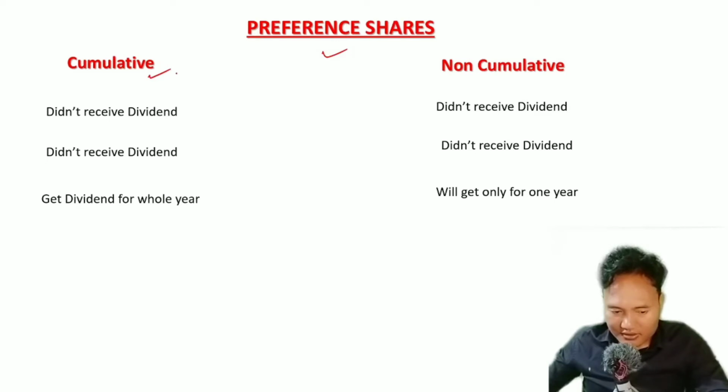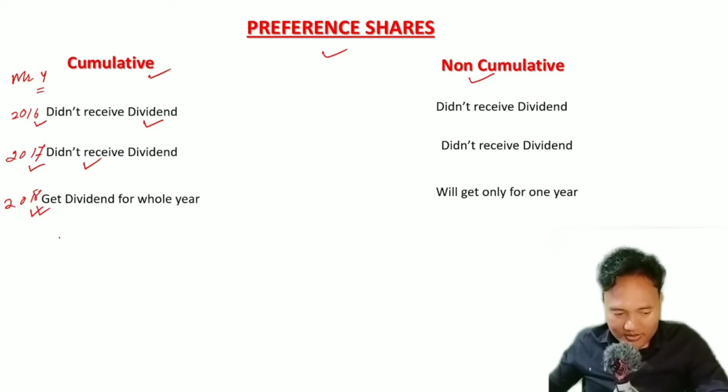Now let us discuss the various types of preference shares. The first is cumulative and non-cumulative preference shares. Let us assume an example. Suppose in 2016 Mr. Y is a preference shareholder. Mr. Y has not received a dividend. In the year 2017 also Mr. Y has not received a dividend, but in the year 2018 he has received a dividend along with all the arrears of 2016 and 2017 including 2018.